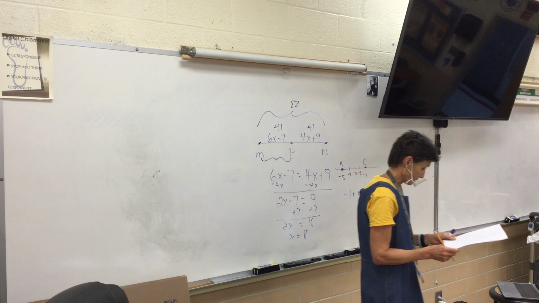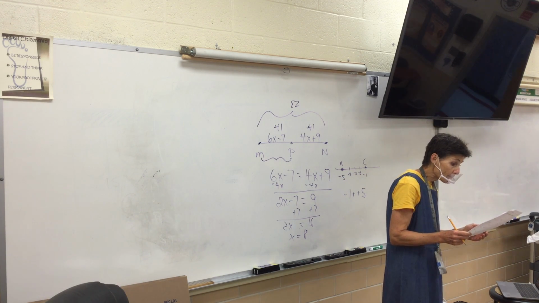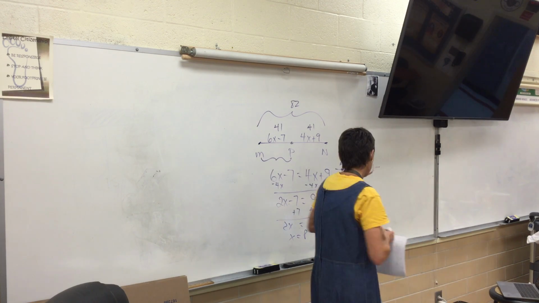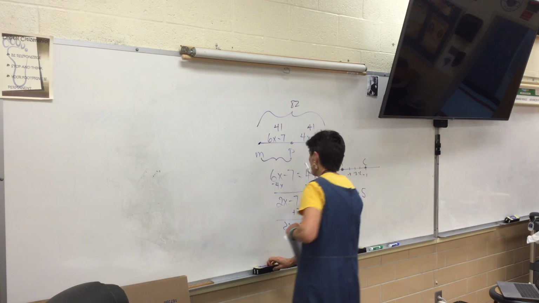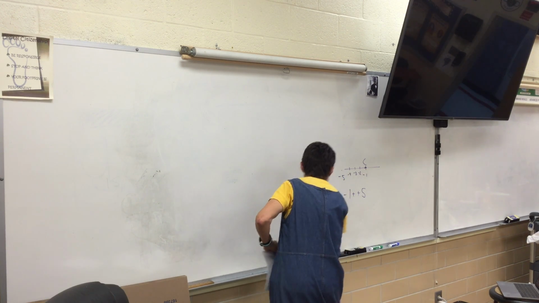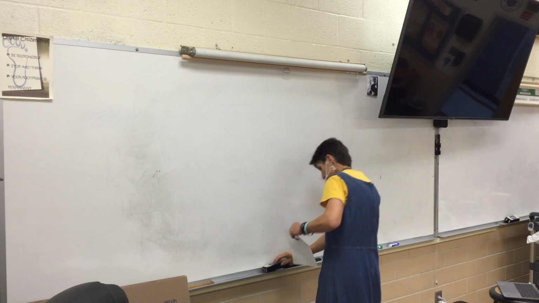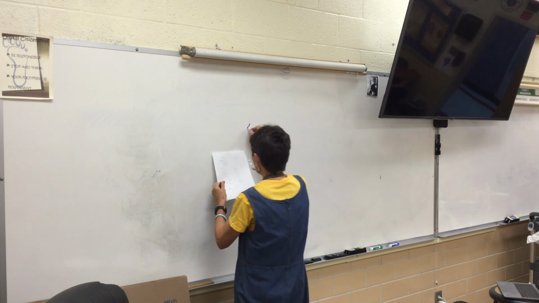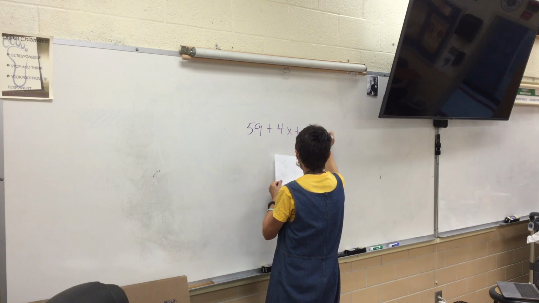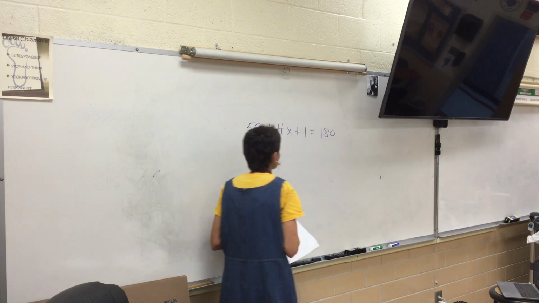Carson? How would you set up the equation for 35 to find that? Okay, what does it mean to be a linear pair? What do you add up to if you're a linear pair? 180. So you're just going to take your two angles and add them together to get 180. So 59 plus 4x plus 1 has to equal 180.